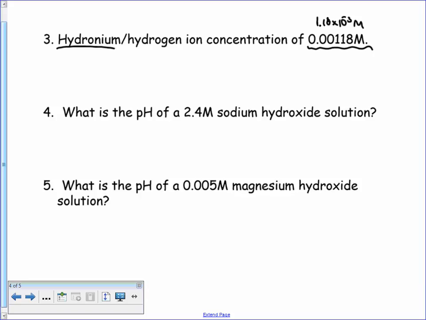That number is greater than 1 times 10 to the negative 7. Remember, we're comparing it to 1 times 10 to the negative 7 because that's the amount of hydronium present in pure water with a pH of 7. This number is greater than 10 to the negative 7, so it's got more hydronium than neutral water has, which means this is likely an acid.